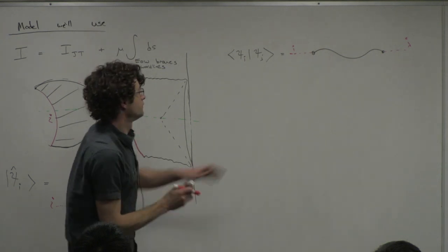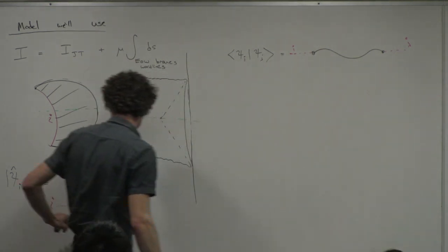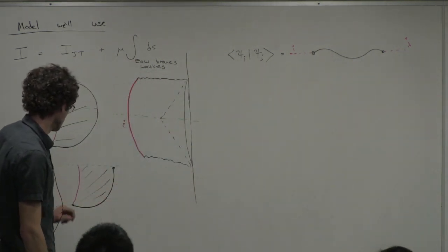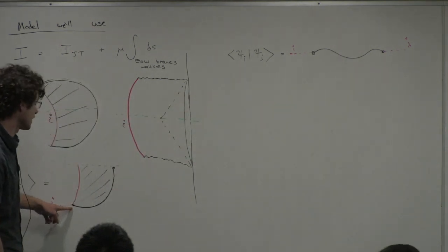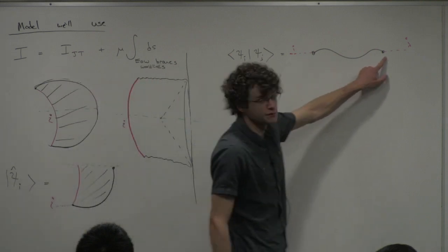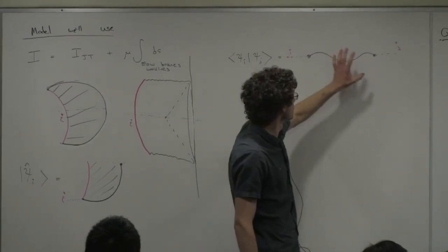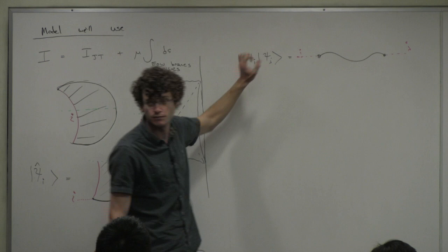So this is two copies of this segment here glued together to make the inner product, where at one end we have a boundary condition of type I, on the other end we have a boundary condition of type j. So these are the boundary conditions for computing this inner product.